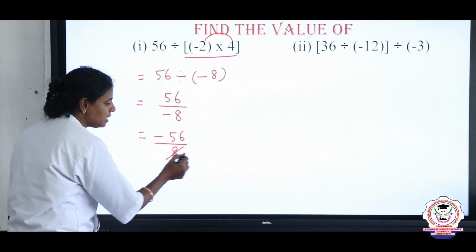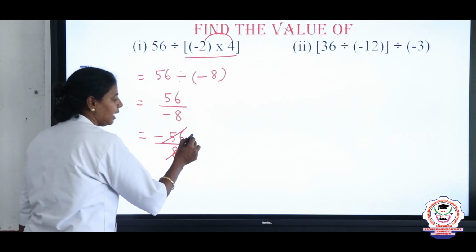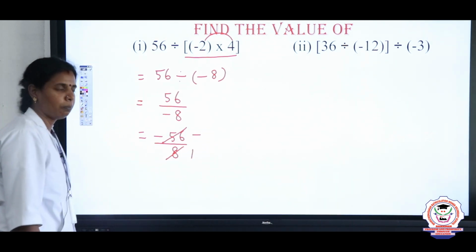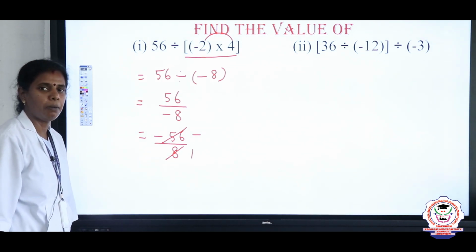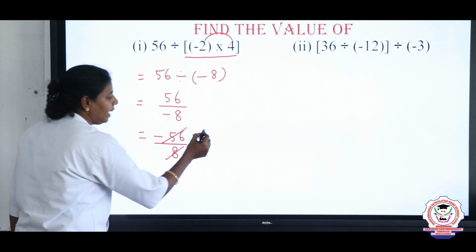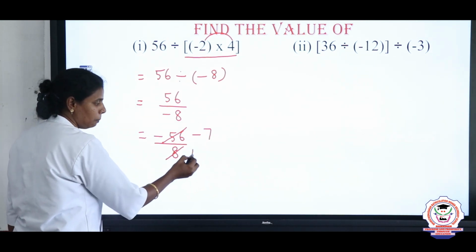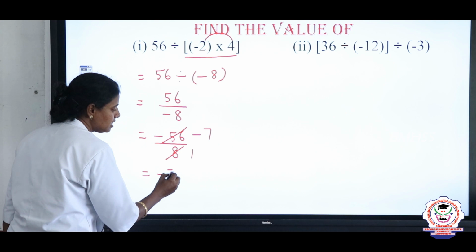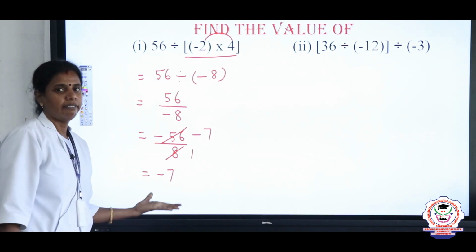So, we can cancel this, 8 ones are 8 and the numerator is a negative integer. First put minus sign, and how many times can you cancel 56 in 8 table? So, 8 sevens are 56. So, minus 7 by 1, which gives the answer as minus 7. Is it clear how to solve the values?